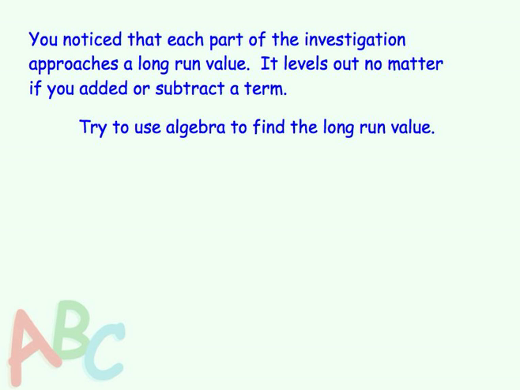All right. As I mentioned during the first slide, you'll notice that each part of the investigation approaches a long-run value. What that means is it levels out no matter what you do to it, whether you're taking away something, the number of Skittles, or you're adding a number of Skittles. I am actually going to refer to part 5 and 6 of the Skittles investigation. All right, so here's a quick recap. Part 5 says that the keeper begins with 50 Skittles.